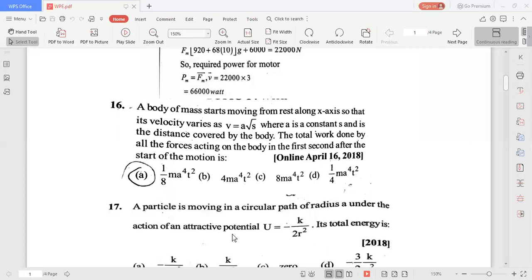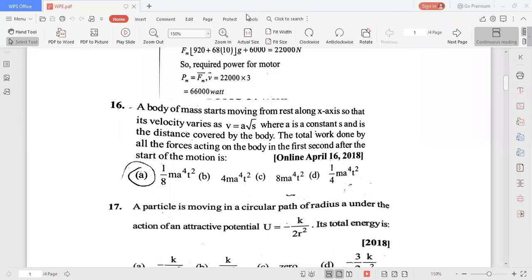What is the total work done by all the forces acting on the body in the first second after the start of the motion? So after t equals 1 second, what is the total work done? Work done is equal to question mark. Have you seen the question?